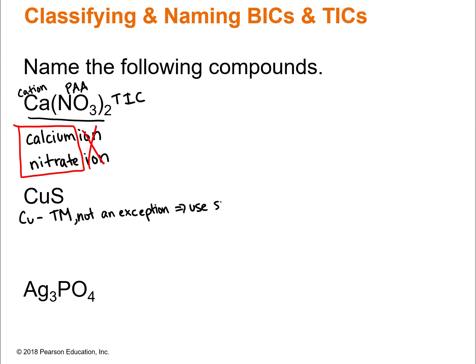So we have to use the stock system here. In order to know what the charge is on the copper, we have to look at the anion. The anion is sulfur. That's the S. What's the charge on this ion? It's a monoatomic anion. Tell me what the charge is for the sulfur.